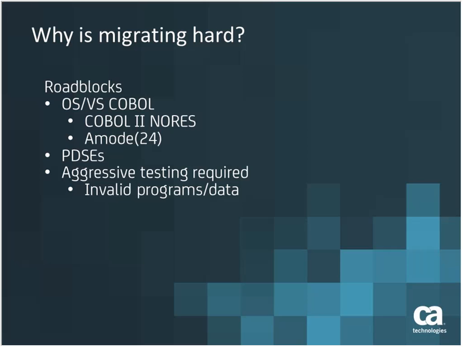IBM will certify that all correct programs will behave the same when we compile with this compiler. The problem is that not all incorrect programs, I'm using kind of air quotes there, are diagnosed easily as incorrect.